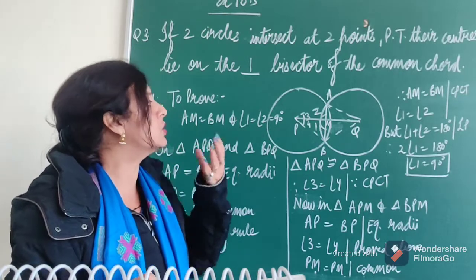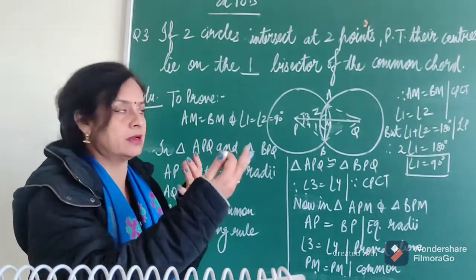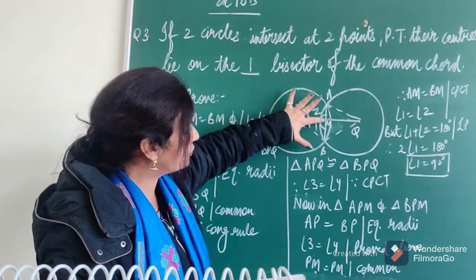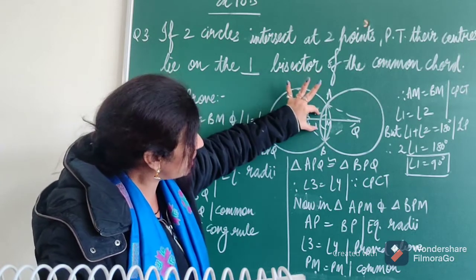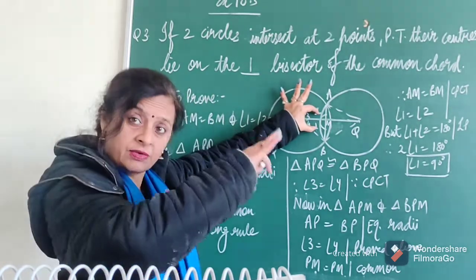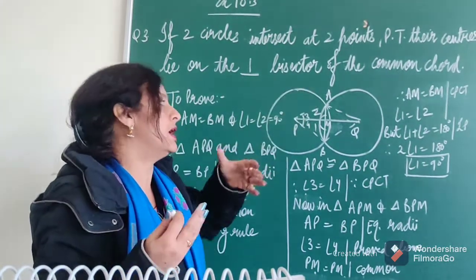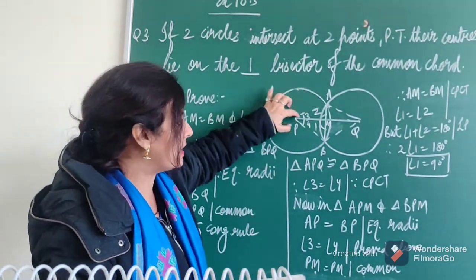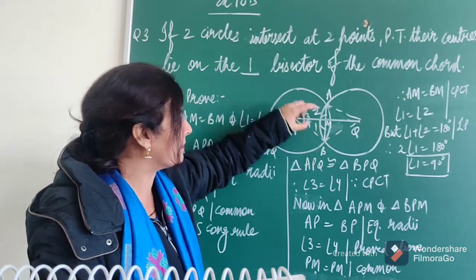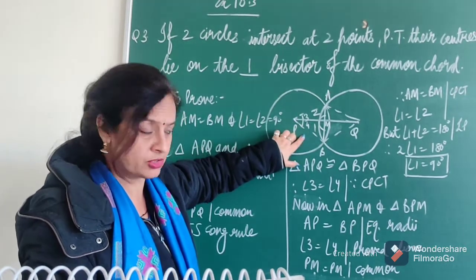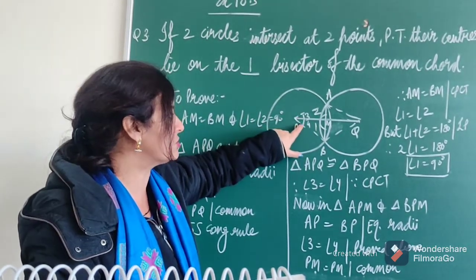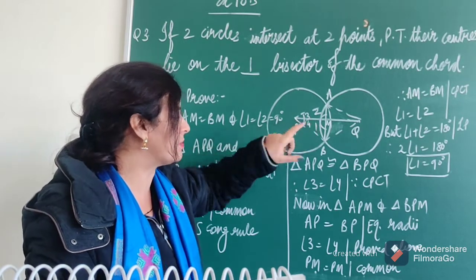Now this is the included angle that we needed earlier. Since we have to prove AM is equal to BM, we choose the same triangles we chose earlier, but we were not able to prove that they were congruent. Now let's check. In triangles APM and BPM, this side is equal to this side because of equal radii. Angle 3 is equal to angle 4 and PM is equal to PM, common.